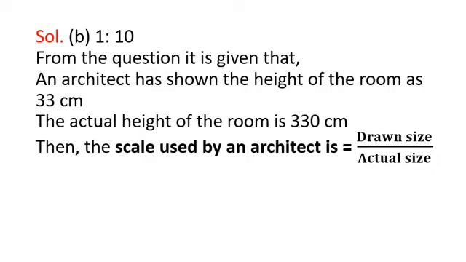So the scale used by an architect is drawn size over actual size. Whatsoever is the drawn size taken by an architect, we need to take in the numerator, and the actual size is to be written in the denominator. So this is basically the formula to find the scale, drawn size over actual size.